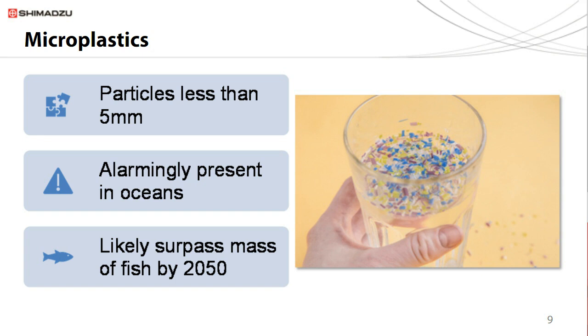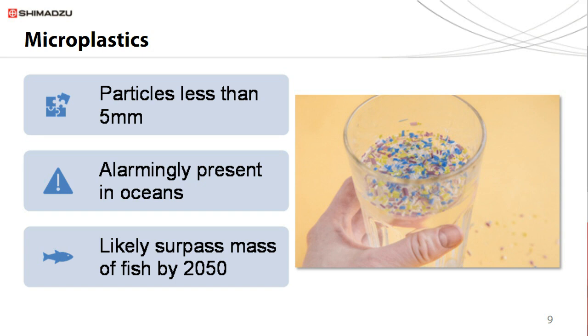Therefore, the amount of microplastics already present in oceans and other water bodies is alarming. Microplastics are hard to detect or filter out, simply due to their size, and can last for hundreds of years in the environment, often unseen.